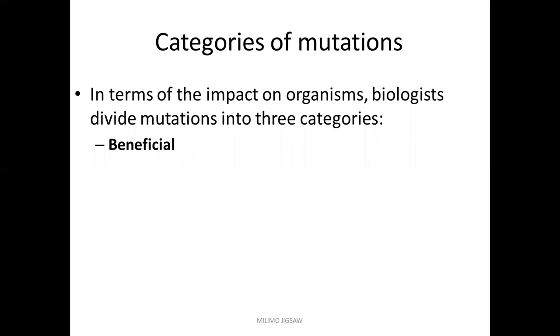For example, a mutation of G to A, guanine to adenine, is beneficial in beach habitats because it renders certain mice camouflaged.